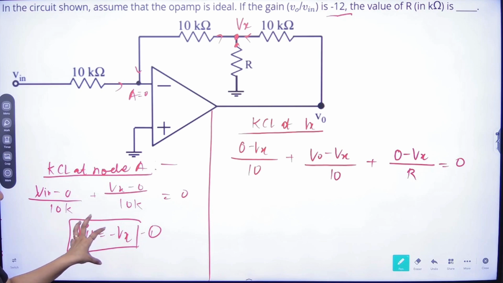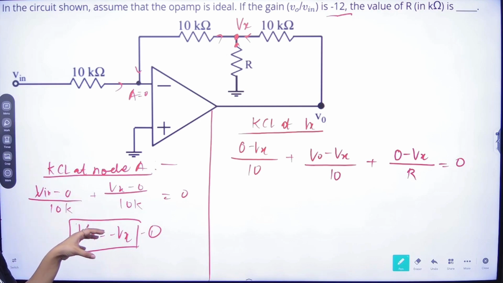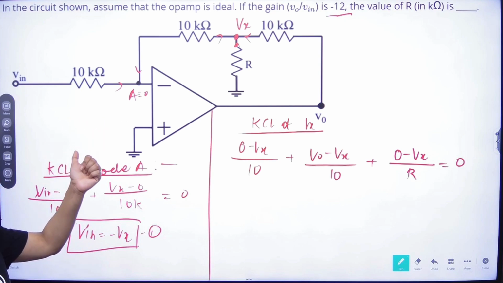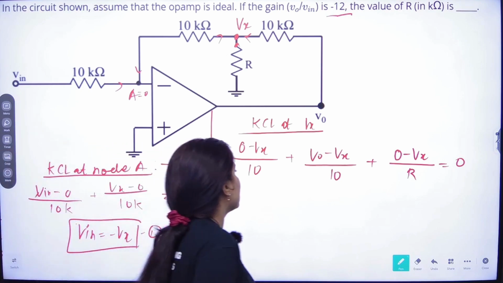So I can simply substitute Vin for minus Vx in this equation, so that I get a relation between V0 and Vin. If I find the gain from this equation, which is minus 12, only one unknown will remain, the resistance, and we will be able to find the value of the resistance.